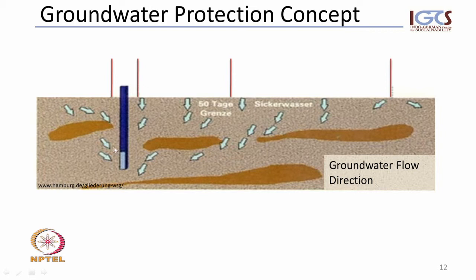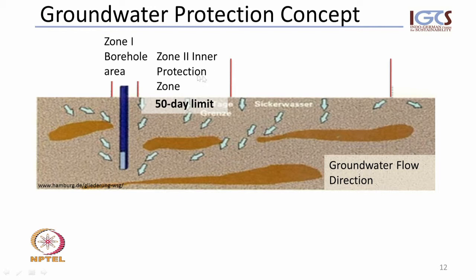And as we start abstracting water, we are increasingly drawing water from the downstream areas of our groundwater flow direction. And accordingly, there will be zone 1, the area immediately around our borewell, and then we will have our zone 2 as the so-called inner protection zone, or more commonly used is the term 50-day limit. And we will have our zone 3 corresponding to the outer protection zone from the borewell up to the limit of our catchment, our groundwater catchment area.